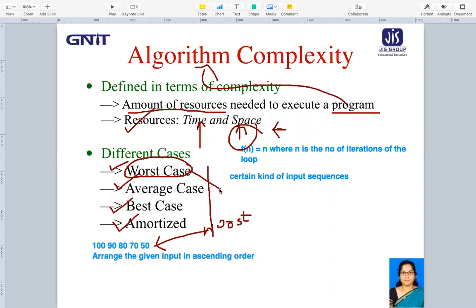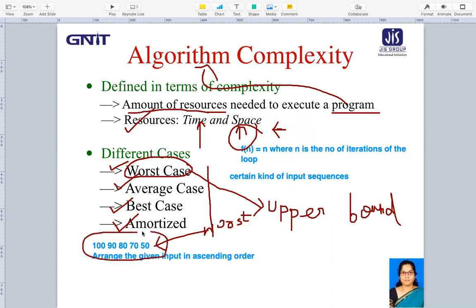The logic behind this is that the time taken to arrange the numbers for this kind of worst case, suppose f of n, will be, for any other input sequence, always less than this f of n.